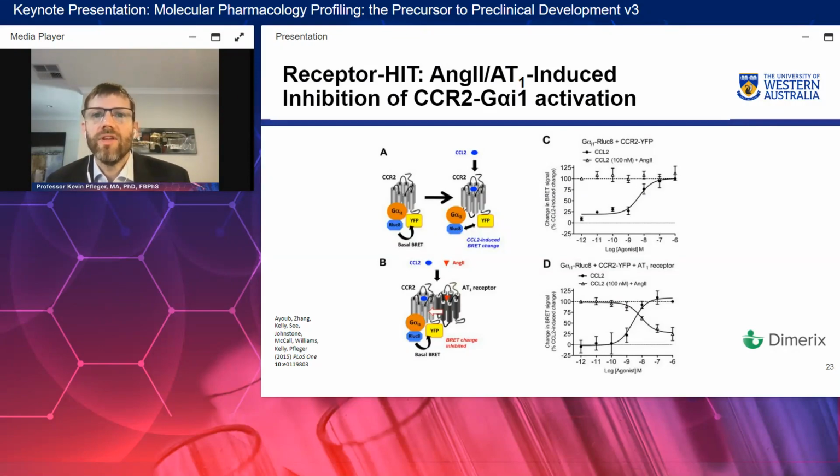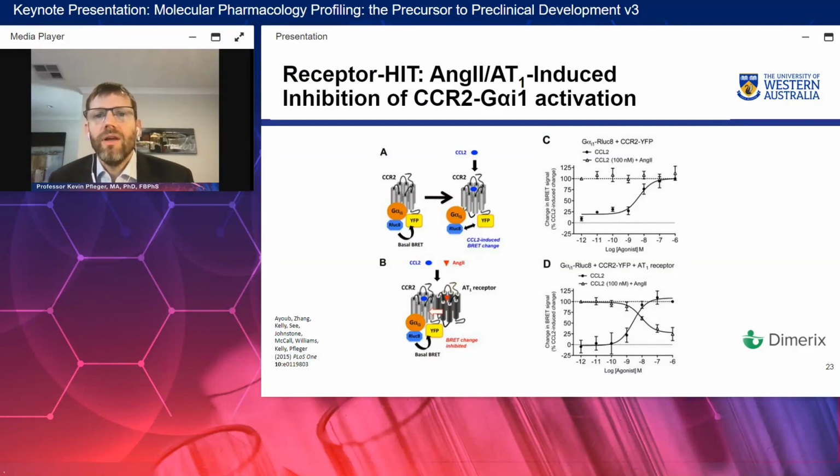And you can see here you have the concentration response curve when you activate with various concentrations of CCL2. Now, if you add angiotensin 2 of various different concentrations to a maximum dose of CCL2, in the absence of the angiotensin receptor, then you don't see any change in that across the concentrations, and this is in panel C, of course.